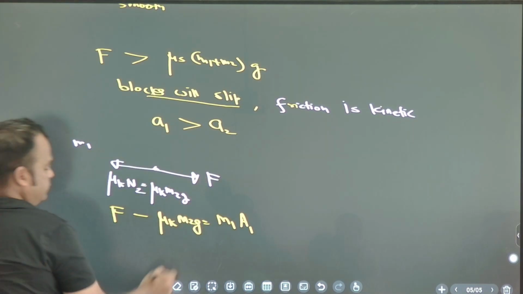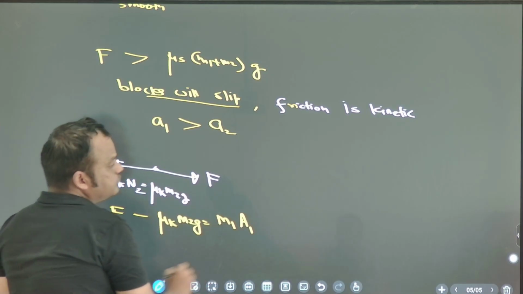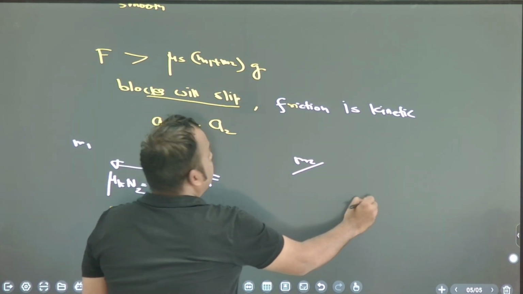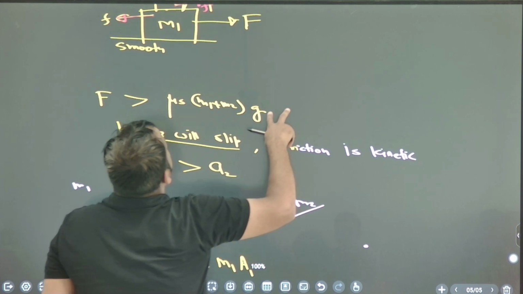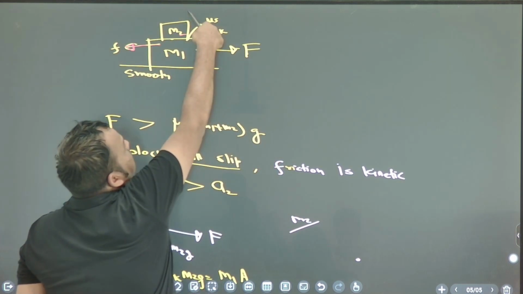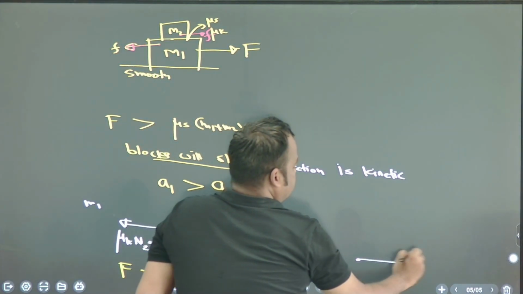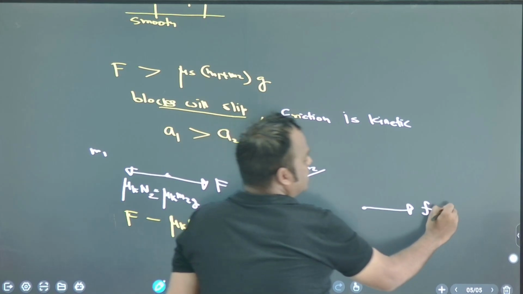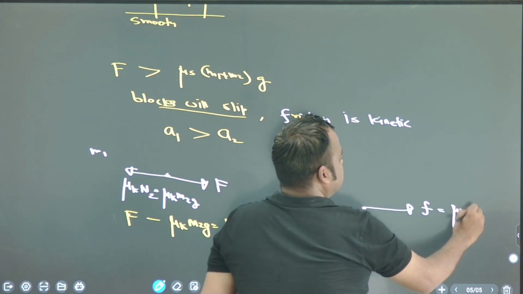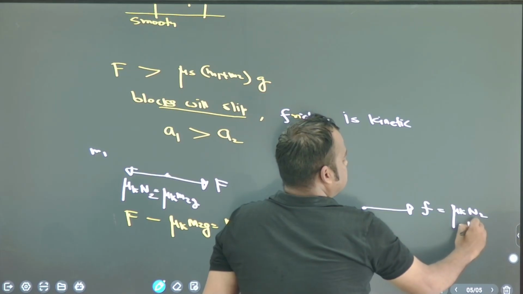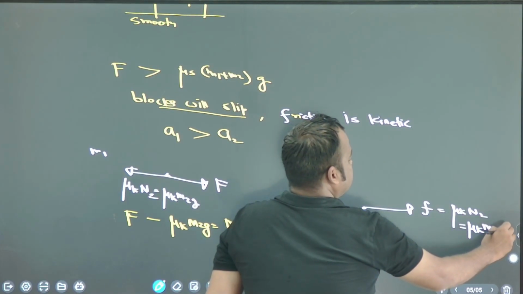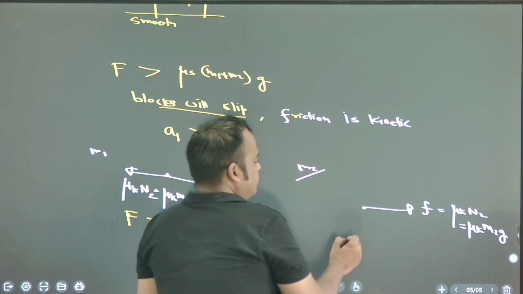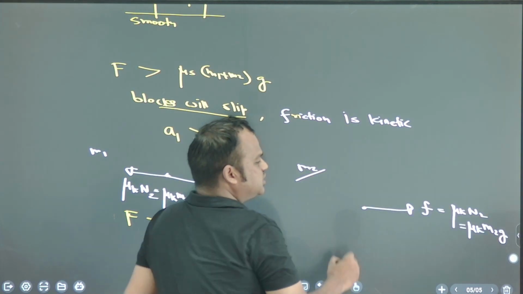Now M2. What is the force on the right side? M2, friction. Force is right side, and it is kinetic friction. So what is the value of kinetic friction? Mu k N2, so mu k M2 G. Now this is the unbalanced force.